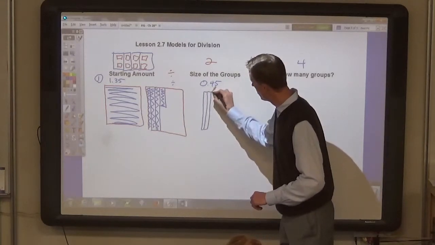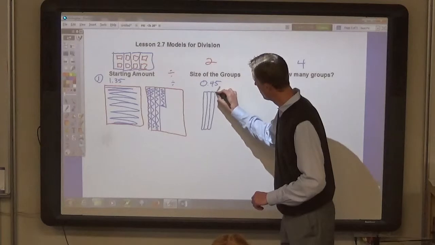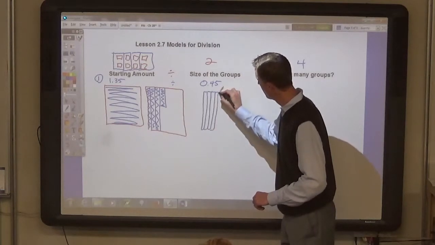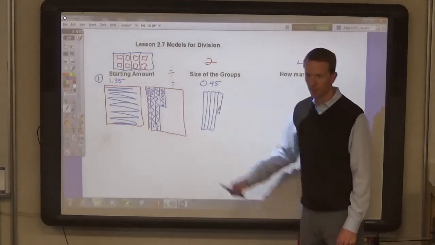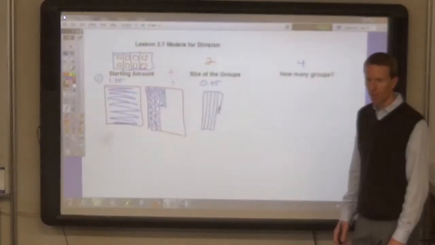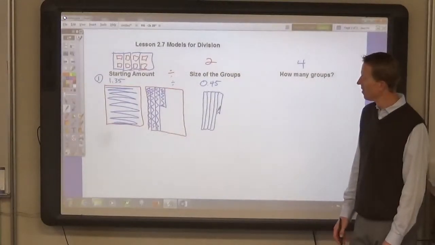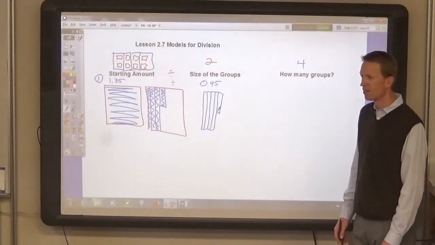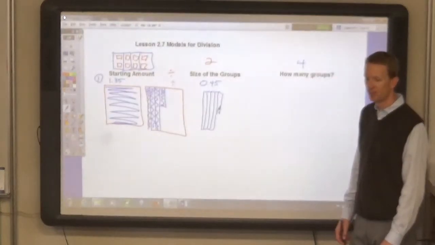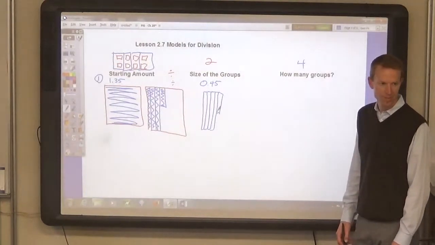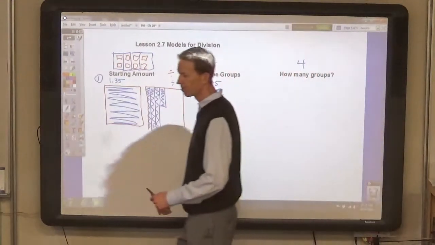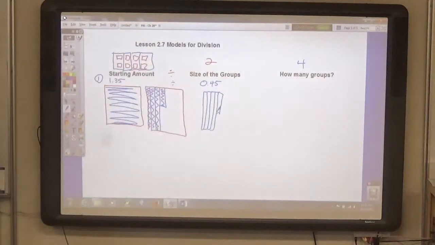One, 2, 3, 4 and a half is 45 hundredths, right? So draw that out. That's the size of the groups we're making. We're gonna make groups of 45 hundredths.